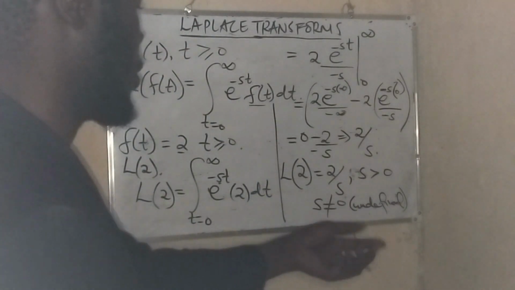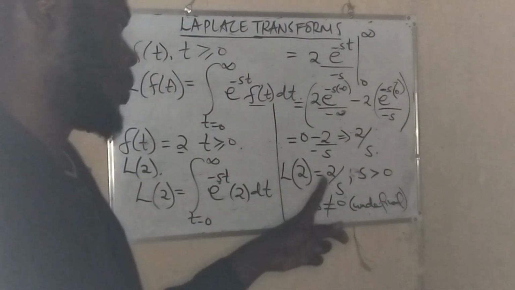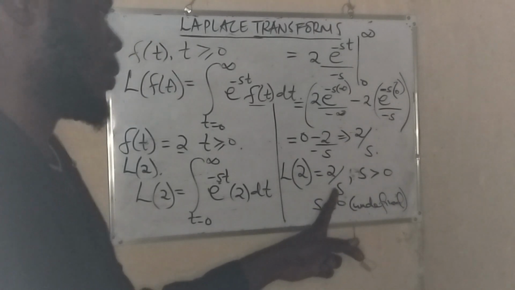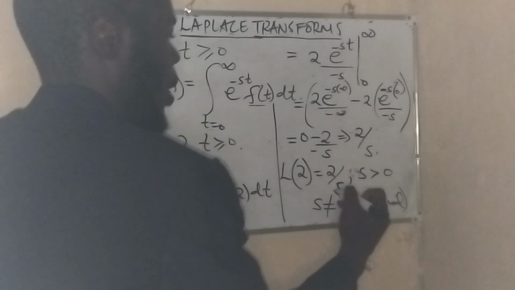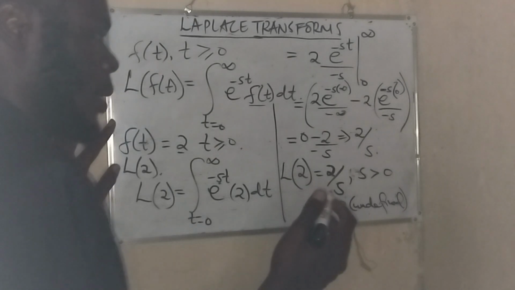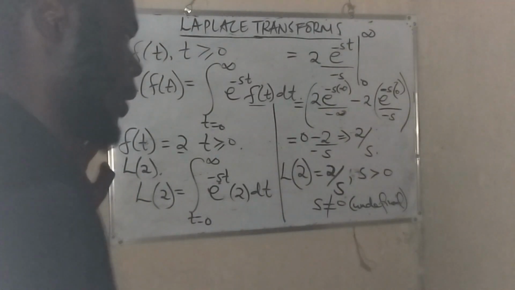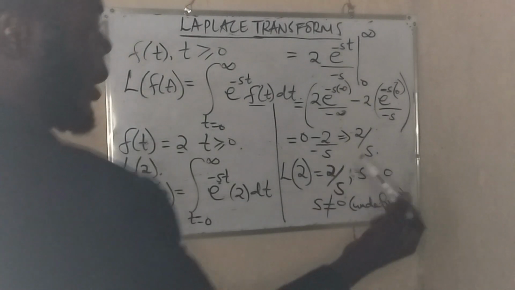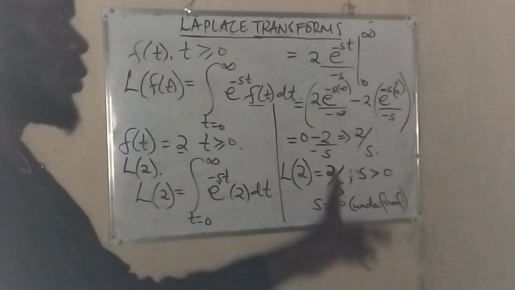And it should also be greater than 0, because if it is less than 0, then you find that in Laplace we are looking for a convergence. So if it is less than 0, then it will be a divergence. So L of 2 we have 2 over s, so s will be greater than 0, then s will not be equal to 0.